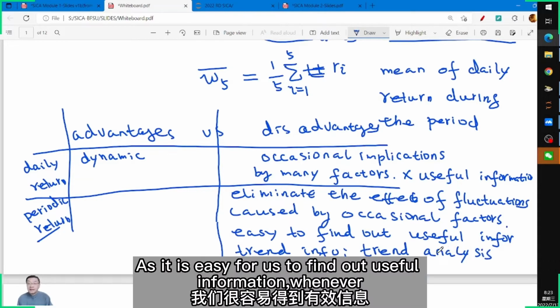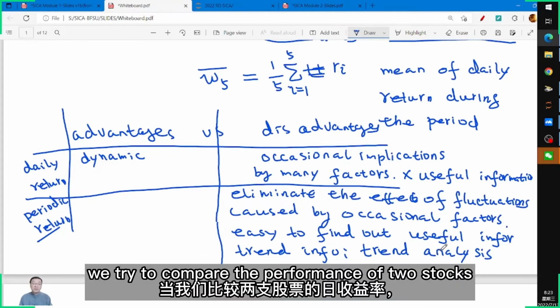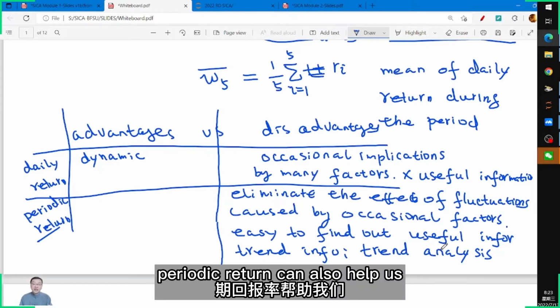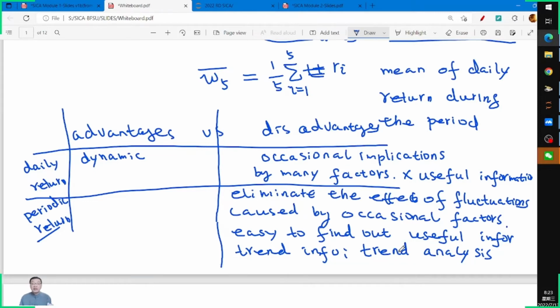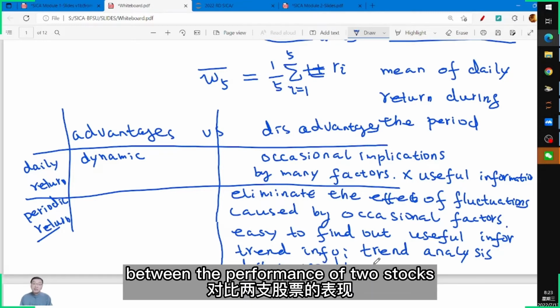As it is easy for us to find out useful information, whenever we try to compare the performance of two stocks, periodic return can also help us quickly find out the differences between the performance of two stocks.